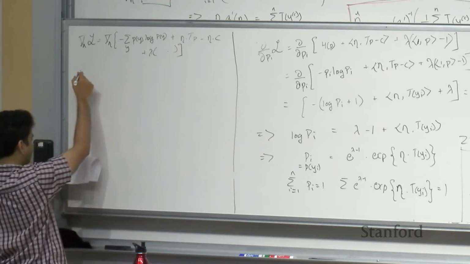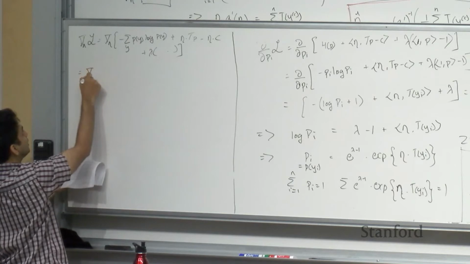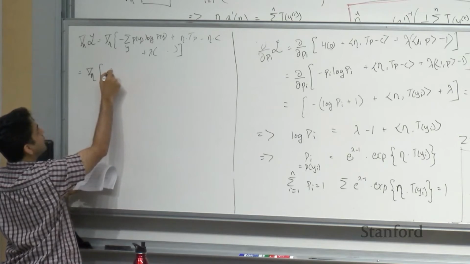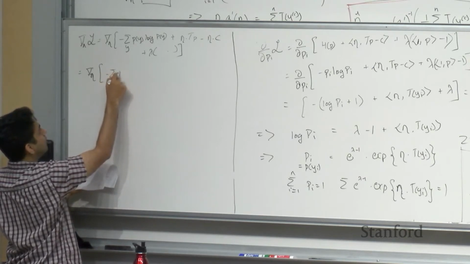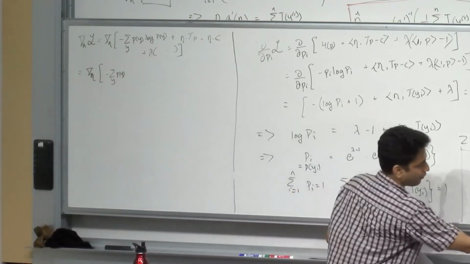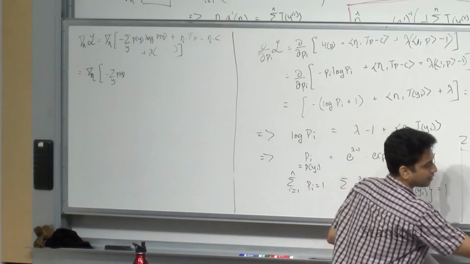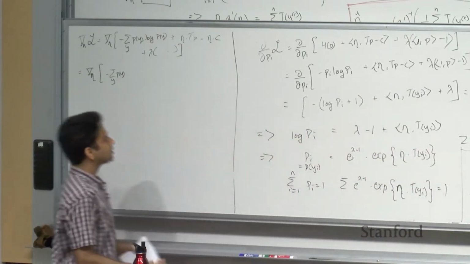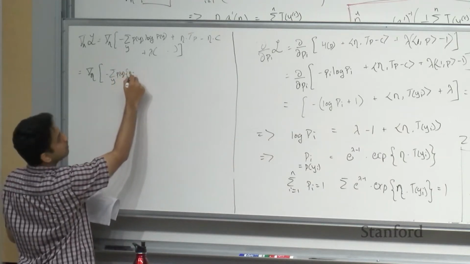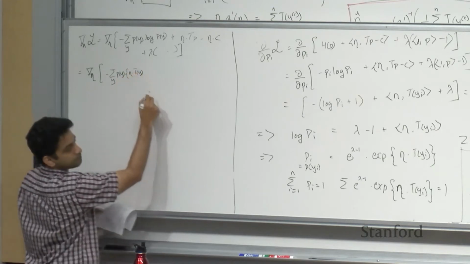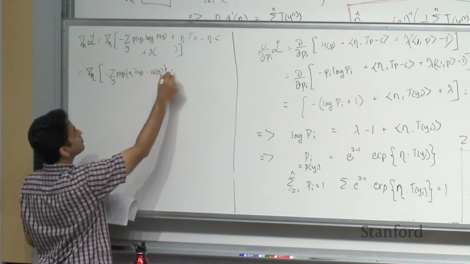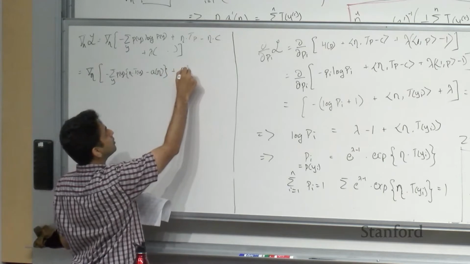And now we will make a few more observations. So this is the gradient with respect to eta of, basically, the sum over y P of y times log P of y. We saw that P of y has this form, and when we take the log of this, we just get the term inside the curly brackets. So it is P of y times eta dot T of y minus A of eta, plus eta times Tp.